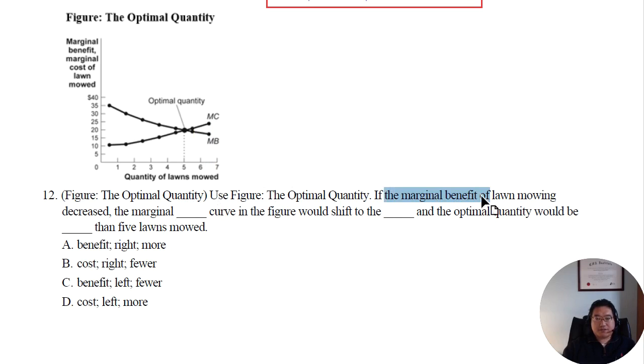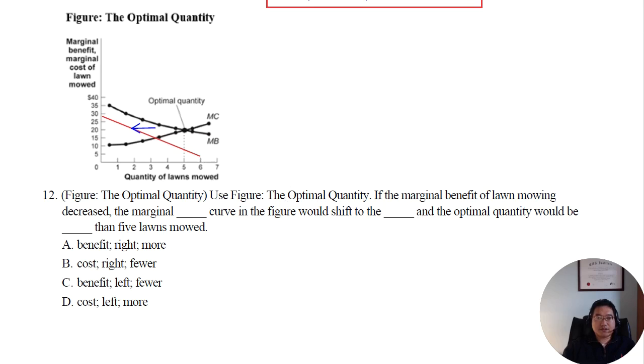The marginal benefit of lawn mowing decreased. How do we know that? It's doing something like this, from the initial position, going downwards. Vertically, we go from a higher level of marginal benefit to a lower level of marginal benefit. On the picture, what we see is the curve moving to the left.